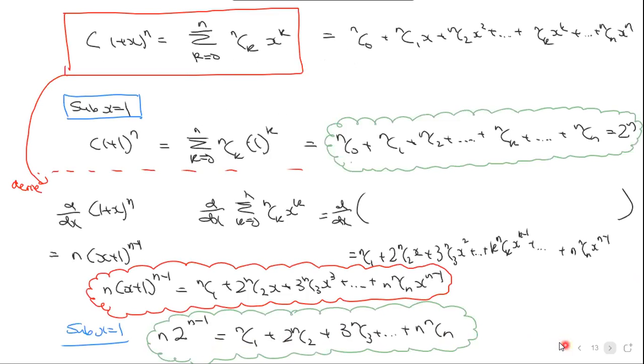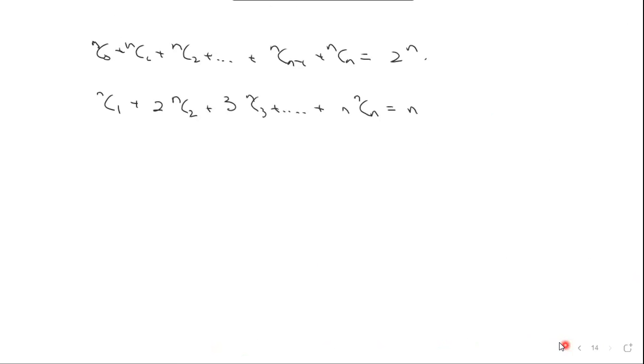We said it was n times 2 to the n minus 1. So that's what we've worked out at this point.